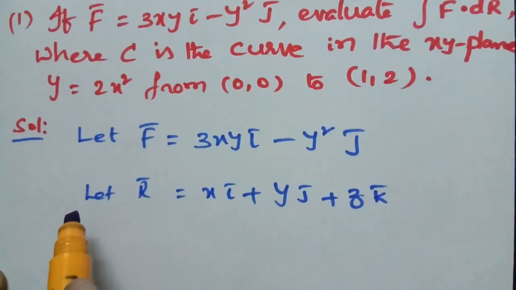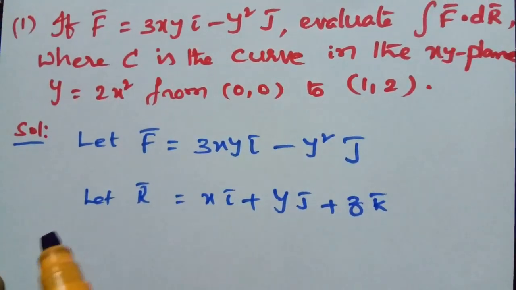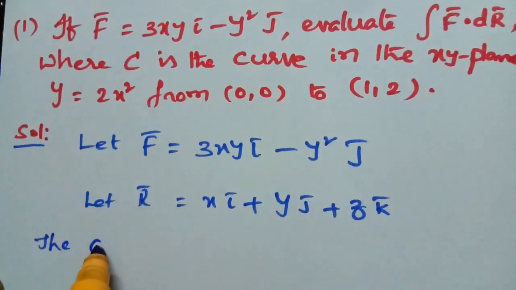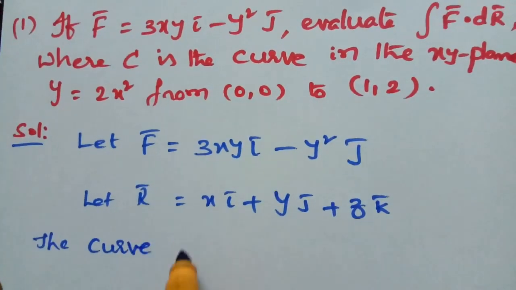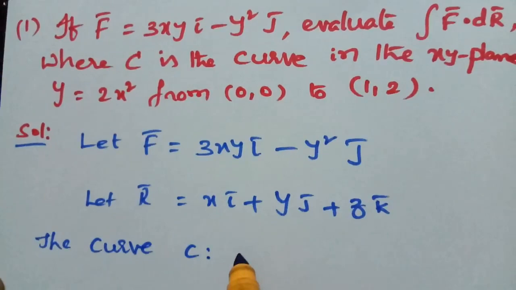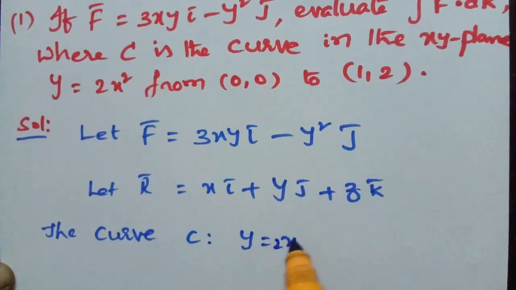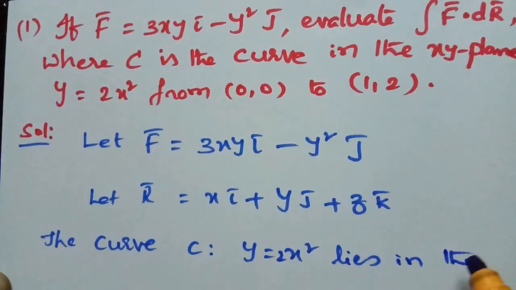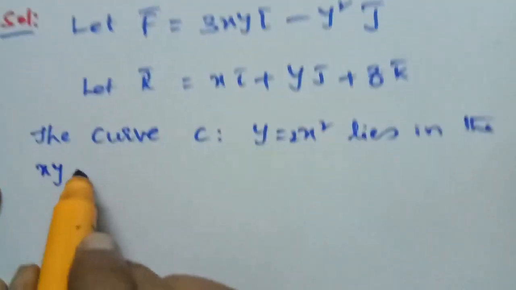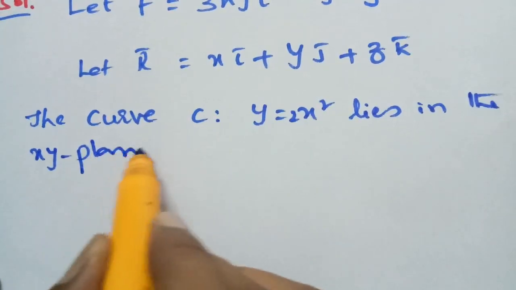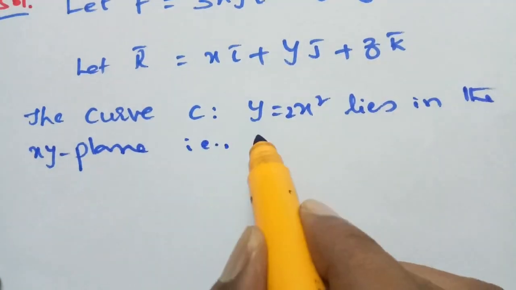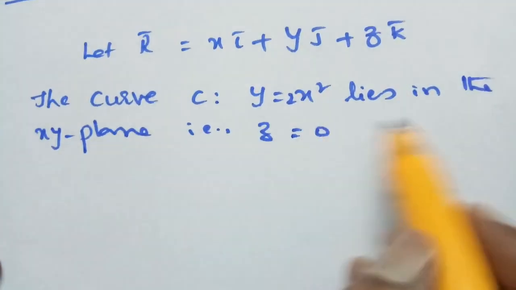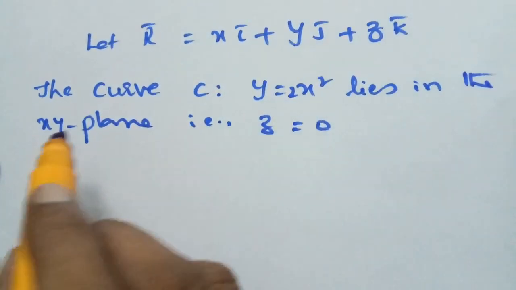Our curve C, y is equal to 2x square, lies in the xy plane, that is the z equal to 0 plane. That means the z coordinate is 0.